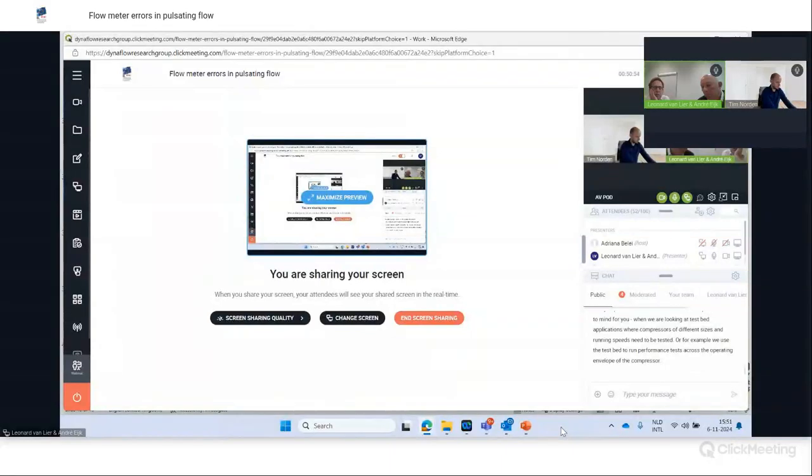And if that target is available, then you can use, for example, a simulation model to see if you meet these targets, to demonstrate that you meet these requirements. And if not, you can use the model to optimize the system, for example. So check how much extra volume you would need between your compressor and the flow meter to reach an acceptable limit. So that's indeed depending on the target. And you can use simulation tools to quantify the effects and make sure that you optimize the system accordingly.